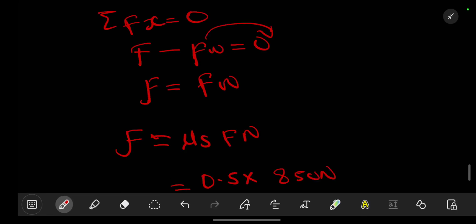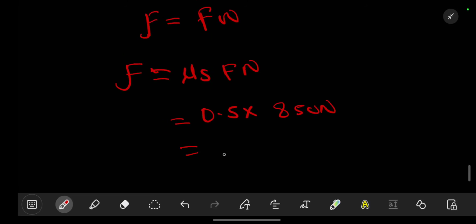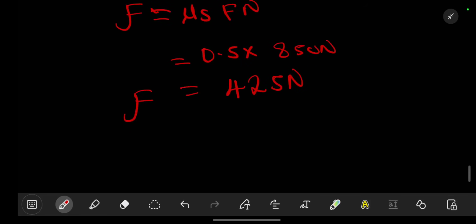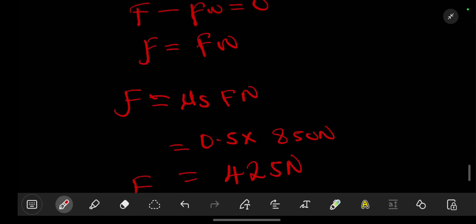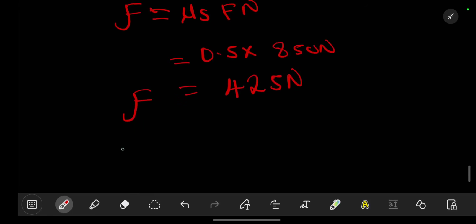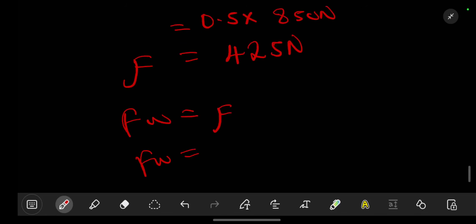So 0.5 times 850 will give us a value of 425 newtons like that. So this is our frictional force. If this is our frictional force and we have said that the force on the wall is equal to the frictional force, therefore the force on the wall should also be equal to 425 newtons.